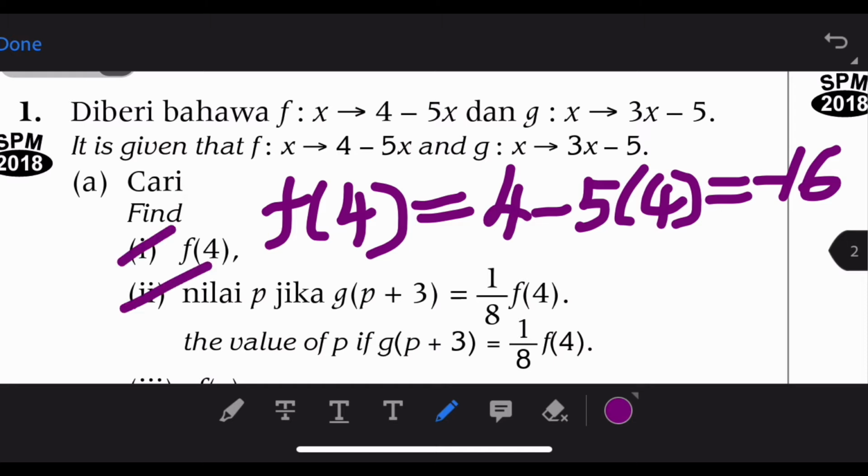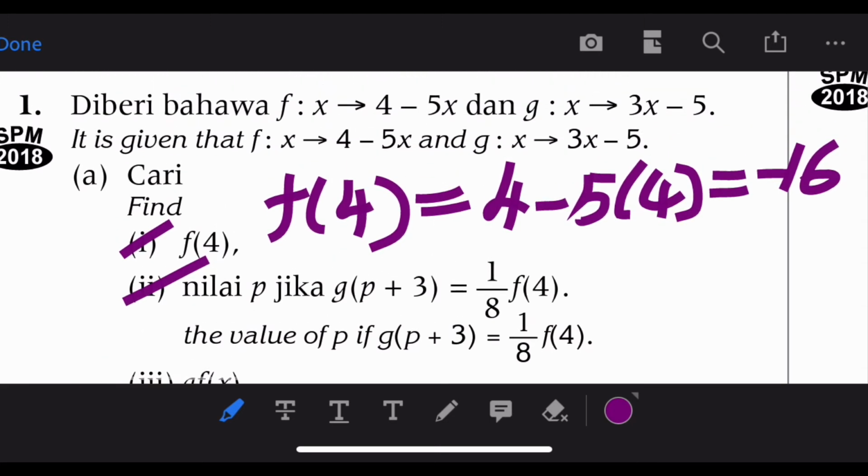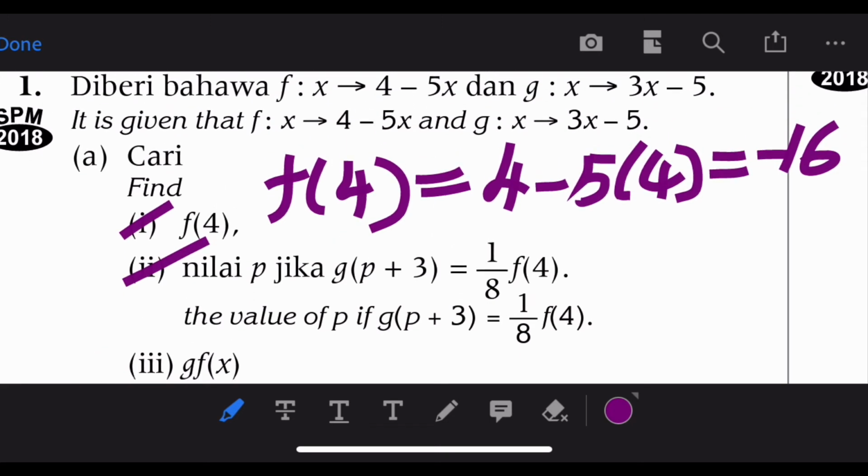And then p. For this question, we have to do it accordingly. We have to use the function given, function g here. So we are going to substitute the function with the object, this one.